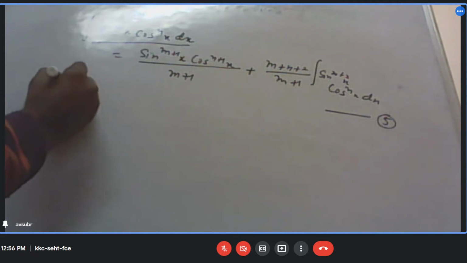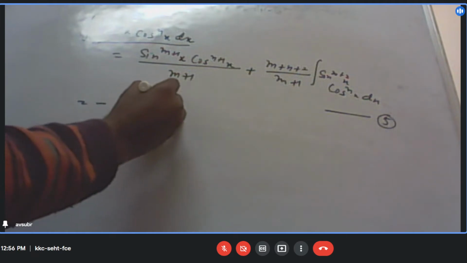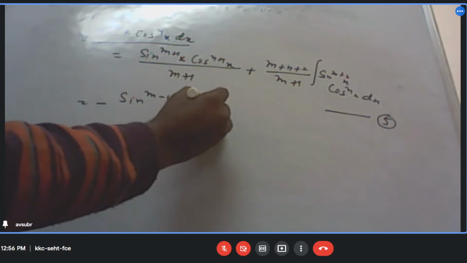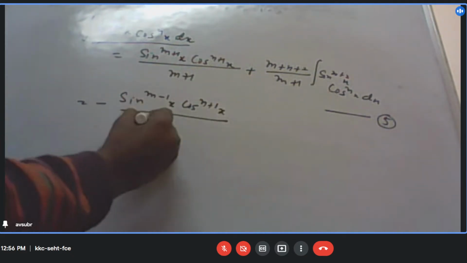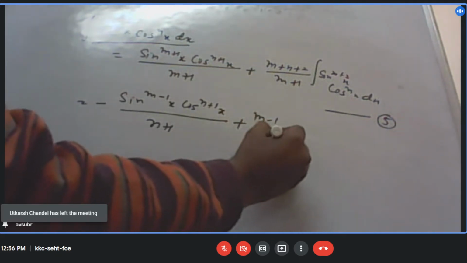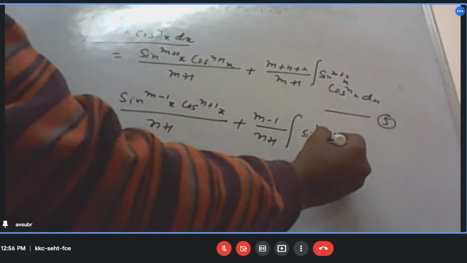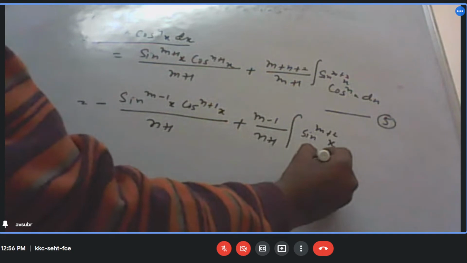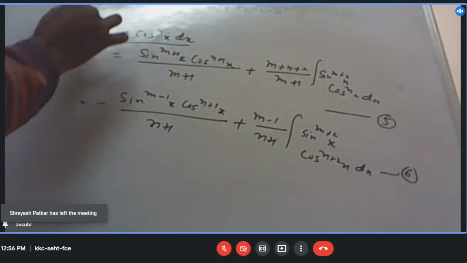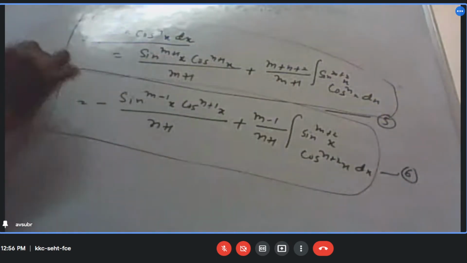And one more form we can find out, that is minus sin to the power m minus 1 x cos to the power n plus 1 x by n plus 1, plus m minus 1 by n plus 1 into the integral of sin to the power m minus 2 x into cos to the power n plus 2 x dx. This is another form.